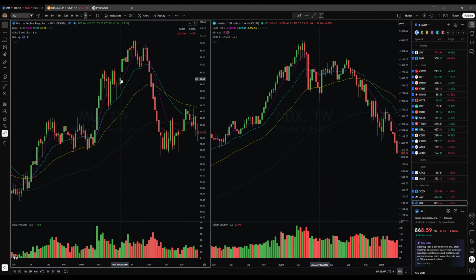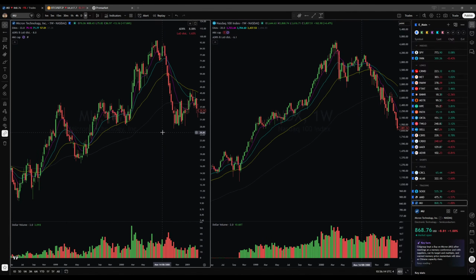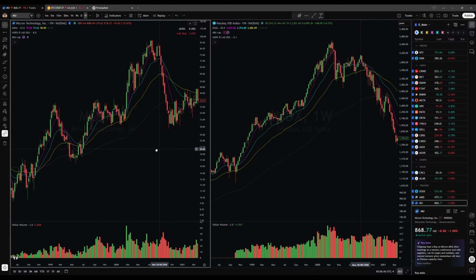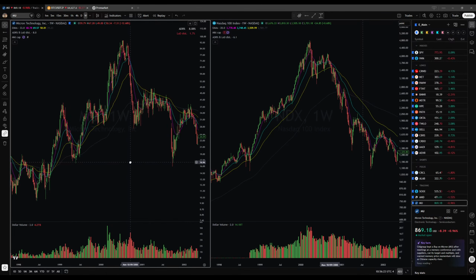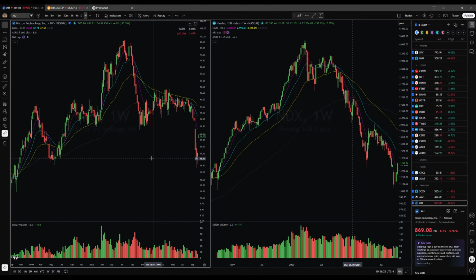Still, it has made a 50% move in this last bit of the bull run. I think it's very tricky, and probably that's why so many people are getting trapped in the last parts of the dot-com bubble.